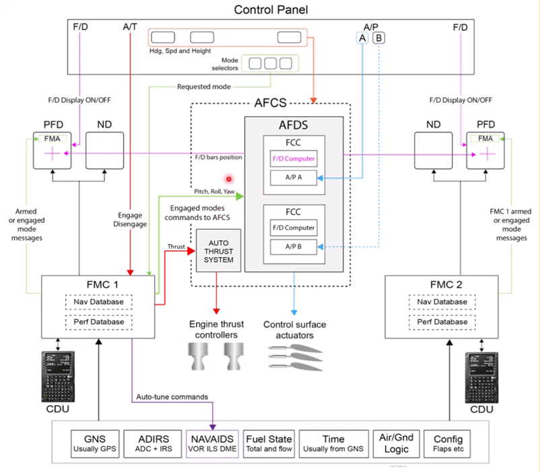So for instance, if you were following a VNAV path, which would be a particular gradient between two waypoints, then the FMC would have told the Autopilot, right, I need you to follow this path. So Autopilot, I need you to stay on this vertical track effectively.